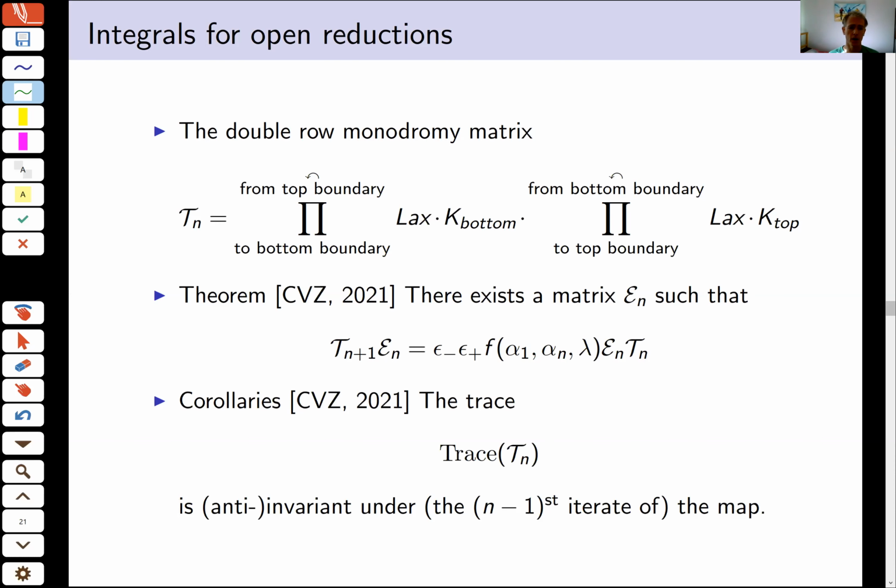So this provides a way of taking open reductions, open meaning we have boundaries there, as opposed to closed. If you think of what you do if you take a periodic reduction, then basically you roll up your lattice, so it's closed, the monodromy matrix.